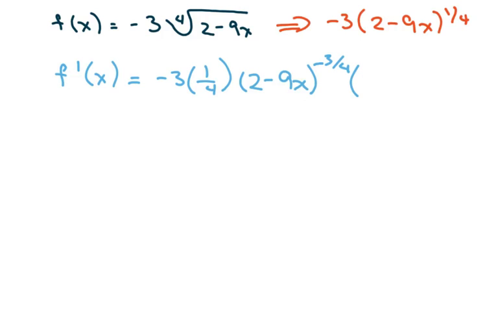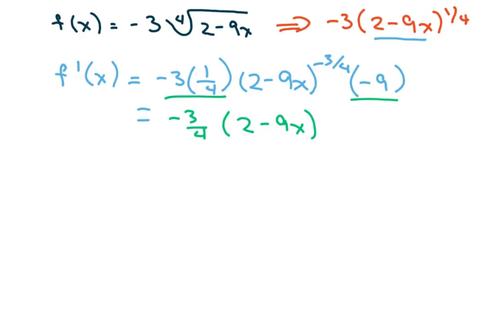And the derivative of your inner function is negative 9. So when you multiply all this out, you're going to multiply these three terms. You're going to get negative 3/4 times 2 minus 9x to the negative 3/4. And I can rewrite that as negative 3 over 4 times 2 minus 9x to the positive 3/4.